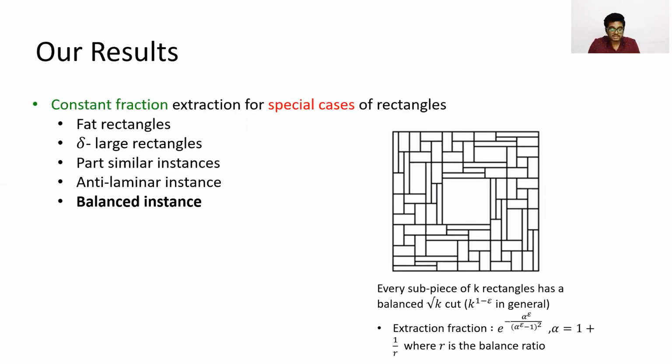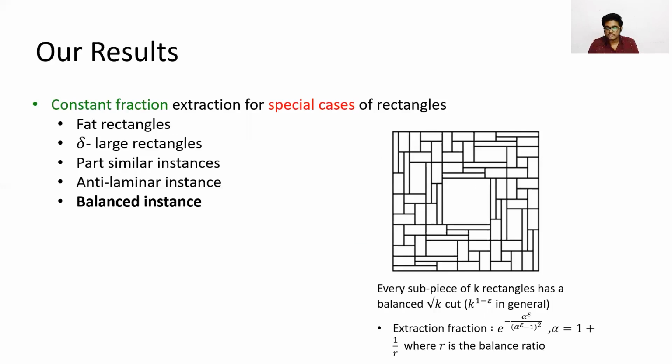A balanced cut is a cut which cuts relatively few rectangles and divides the piece into nearly equal numbers of rectangles. The 2 new pieces formed may not be equal, but the ratio of the rectangles on both pieces has to be bounded by a constant ratio r, which we call the balance ratio.